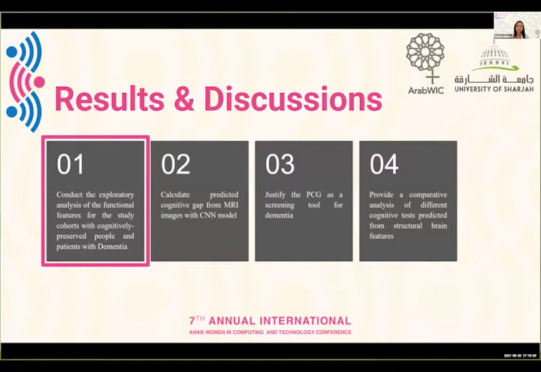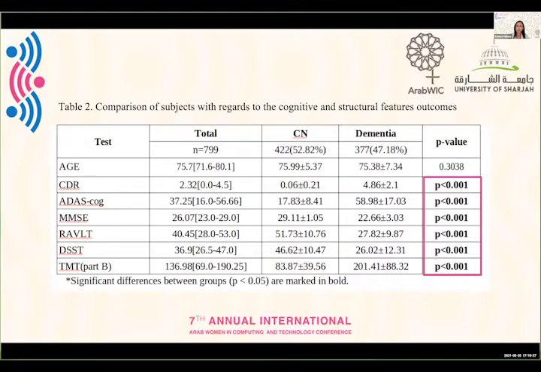Let's get started with the results and implementation very briefly. Our first objective was conducting an exploratory analysis of the data. First of all, we needed to understand whether the data are significantly different between the two cohorts we are working with. Here we used a non-parametric statistical analysis to check for differences in distributions within the cognitively normal and demented populations, and they are significantly different.